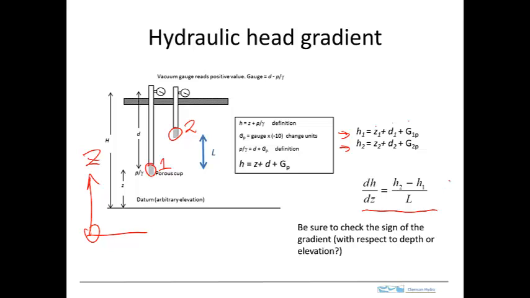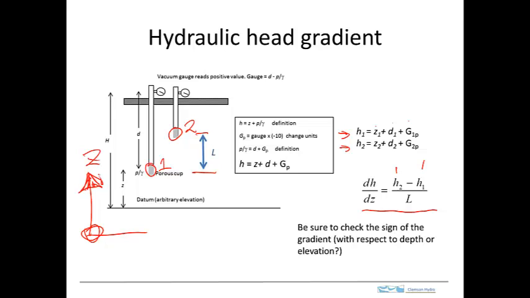So it's just simply the difference in the head at these 2 points divided by the distance between them, the vertical distance, L. And if we do this, then we get the head gradient with respect to this vertically pointing coordinate. Okay, so that'll give us a positive head gradient or negative head gradient with respect to this upward coordinate.